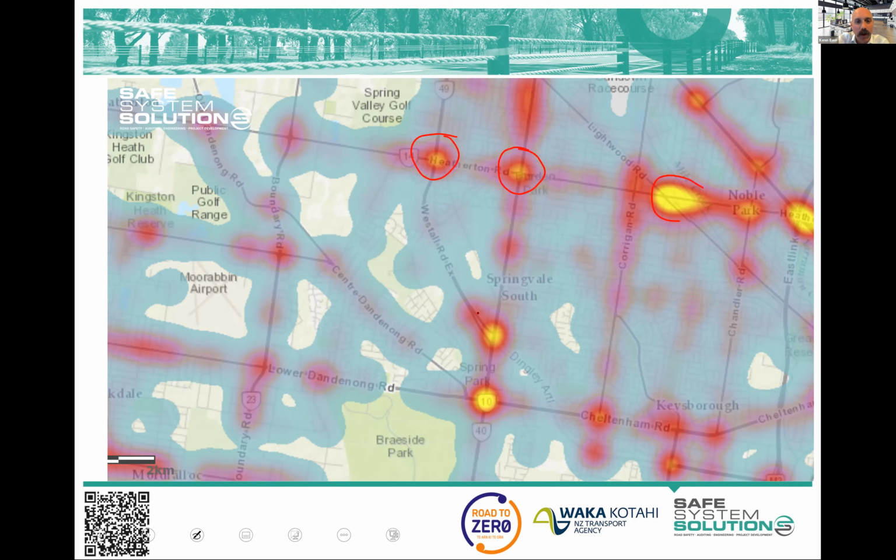All right, these are all signalized intersections. That is where the majority of our death and serious injury is happening, in these outer areas.